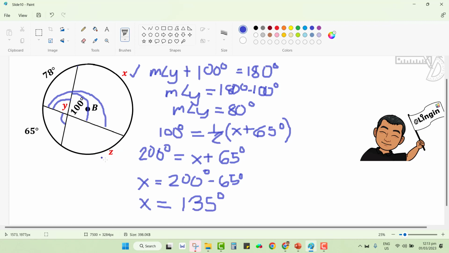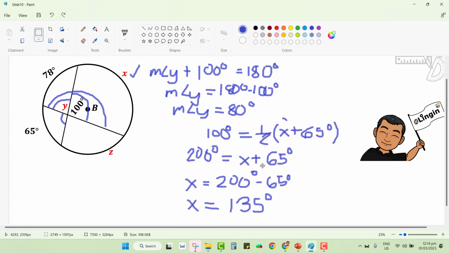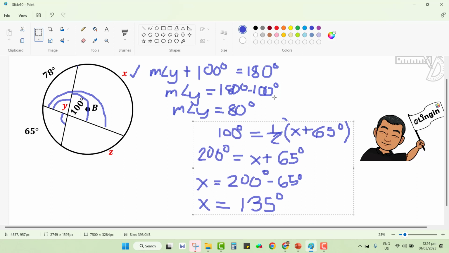Now, in solving for z, we could apply two different methods. One of the methods is looking into the circumference of the circle, which is equal to 360 degrees. Since we already have 65 here, 78 here, and the newly solved x, which is 135, we can solve z from that. So let me move this portion here a little closer.